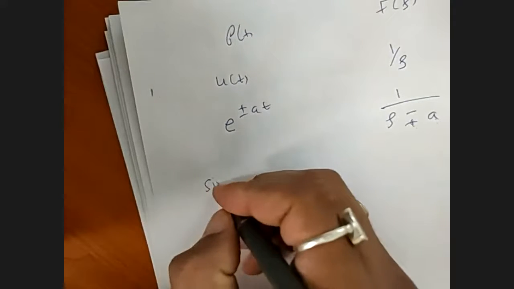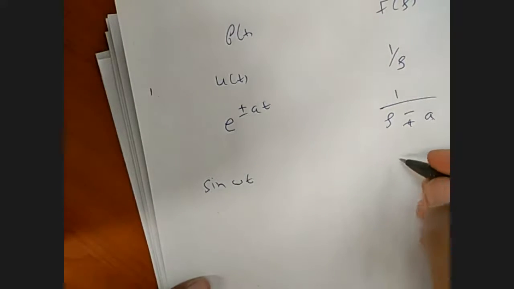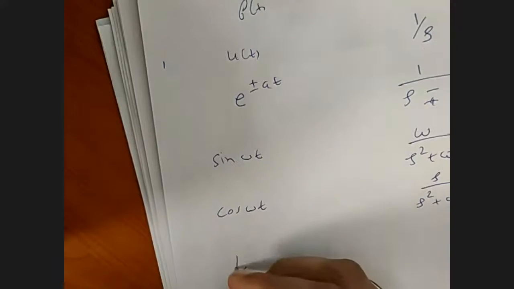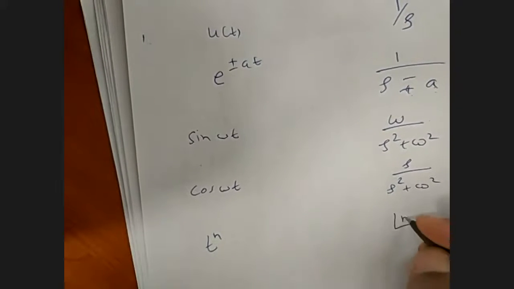And if we are talking about sine omega t, then it will be omega upon s square plus omega square. And when we are talking about cos omega t, then it is s upon s square plus omega square. And if we are talking about t की power n, then it is factorial n upon s की power n plus 1.